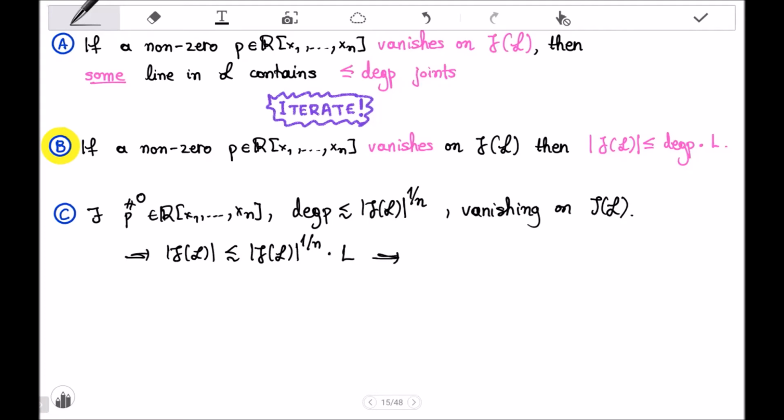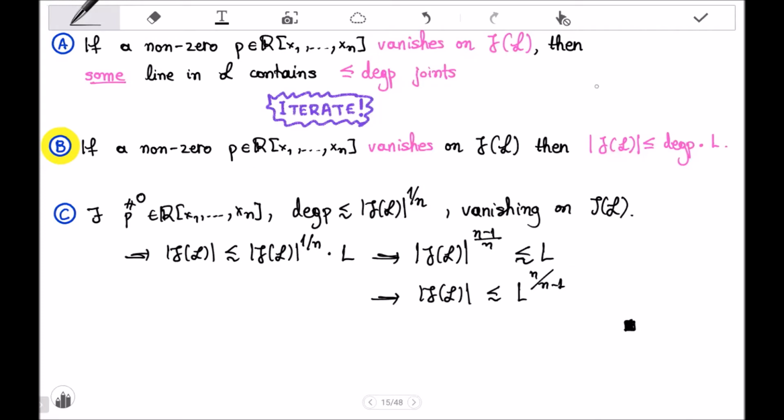And now I put the joints on the left, the lines on the right. The joints to the n minus 1 over n are at most L. And now I raise everything to the n over n minus 1, and then done. So this is it in 3 steps.